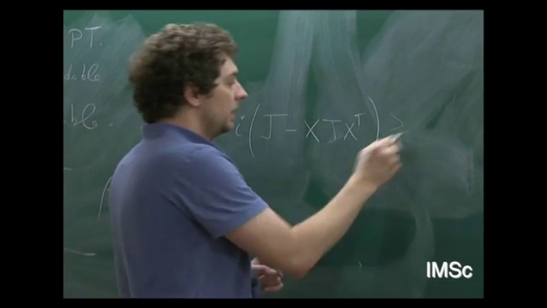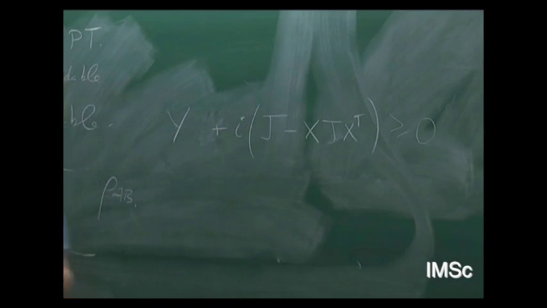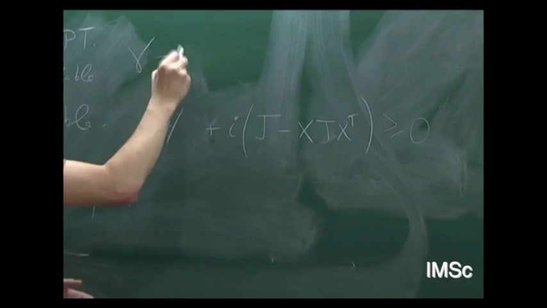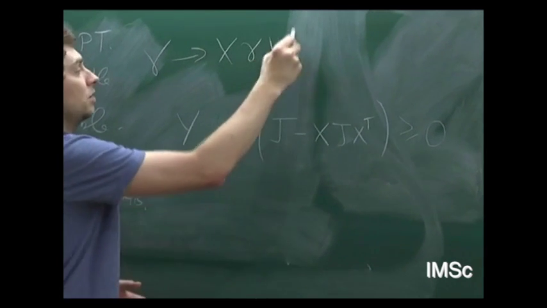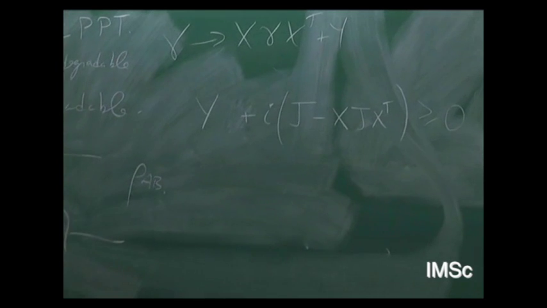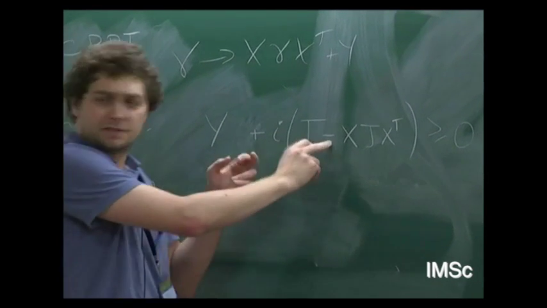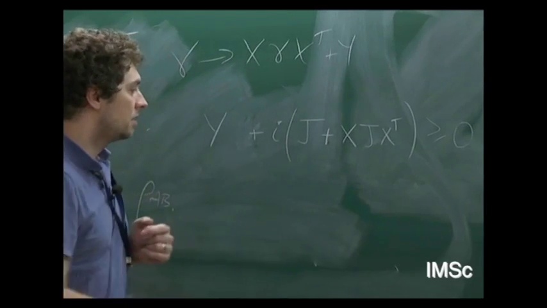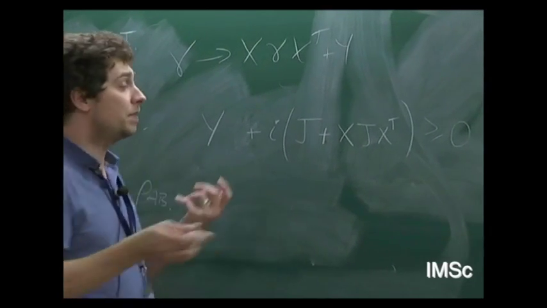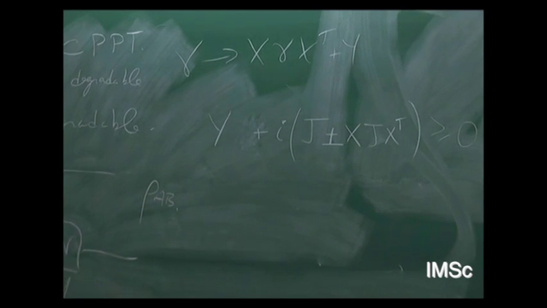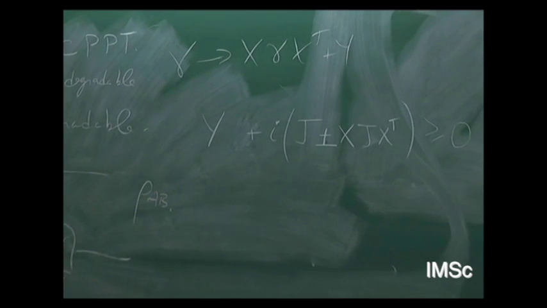That's the physicality condition for the quantum channel, that maps gamma to X gamma X transpose plus Y. And if you want the channel to also be PPT, it turns out you just turn this minus sign to a plus. So in order for it to be both PPT and physical, the X and Y better satisfy that. And there are some non-trivial examples of those channels.